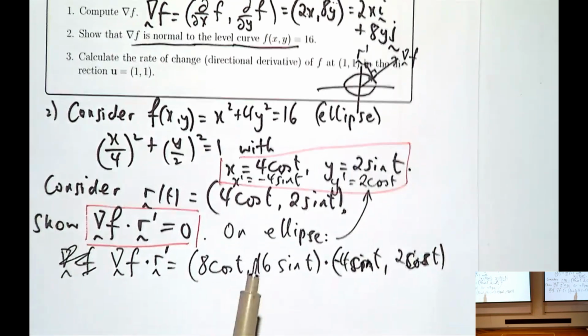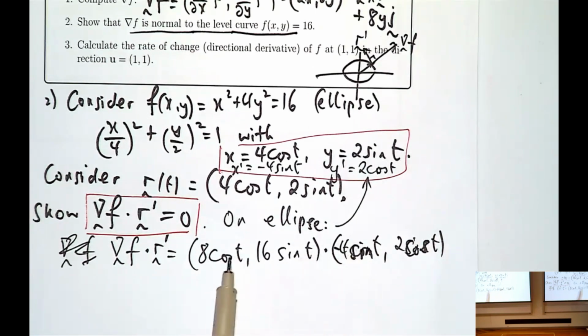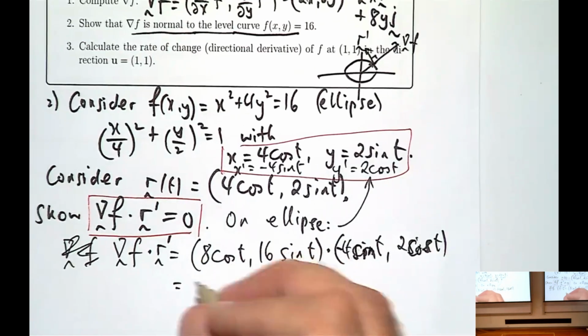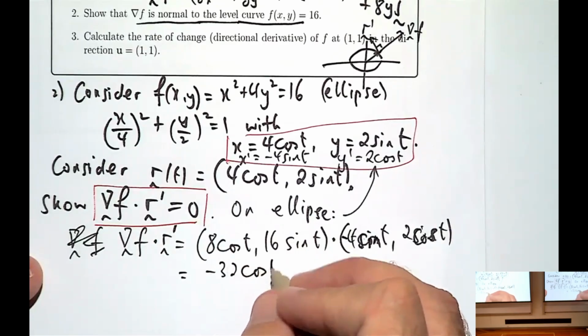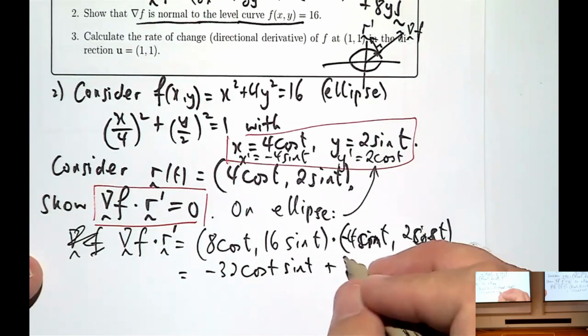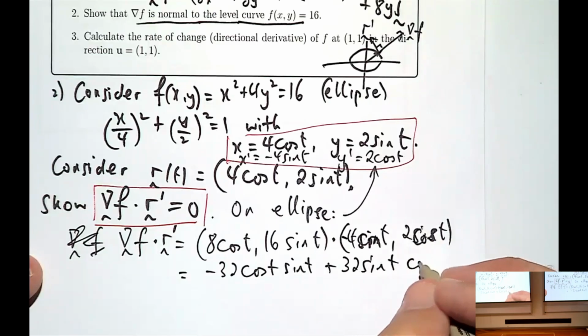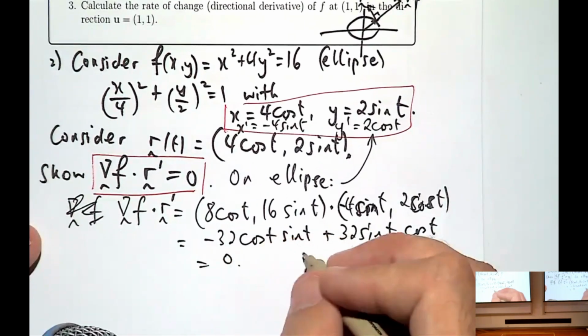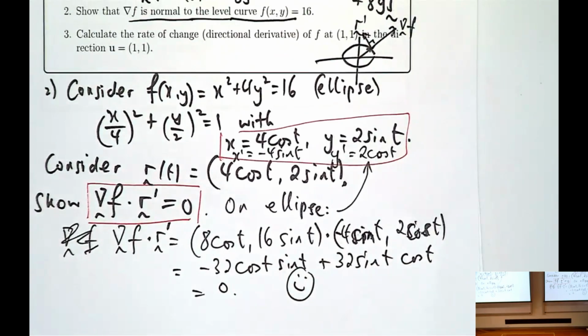So what are we going to get? We're going to get negative 32 cos t sin t plus 32 sin t cos t. So what do we know? These two vectors must be orthogonal, perpendicular, normal, whatever word you want to use.